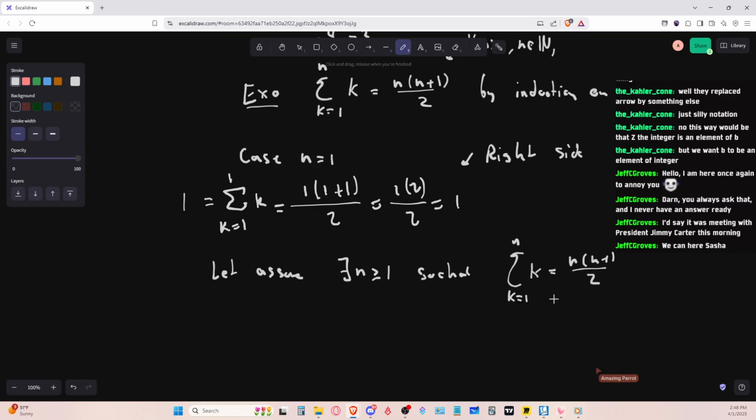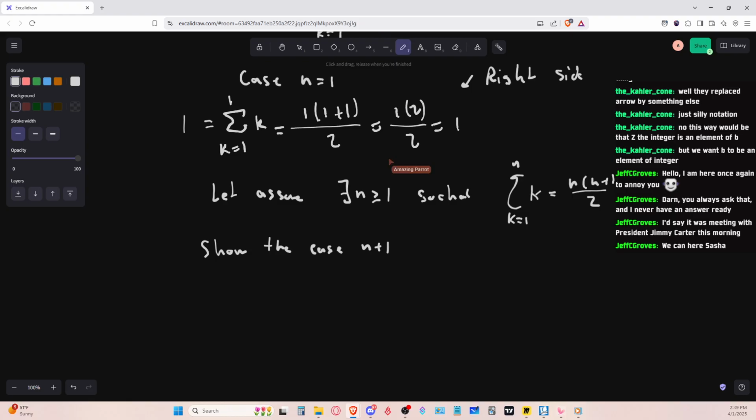And now to be able to do the proof by induction, we have to show what? We have to show that the series we're talking about equals the same result in a similar form with n plus 1. Yeah, so we have to show that the thing we want to prove holds also for n plus 1, knowing the fact that it holds for n.